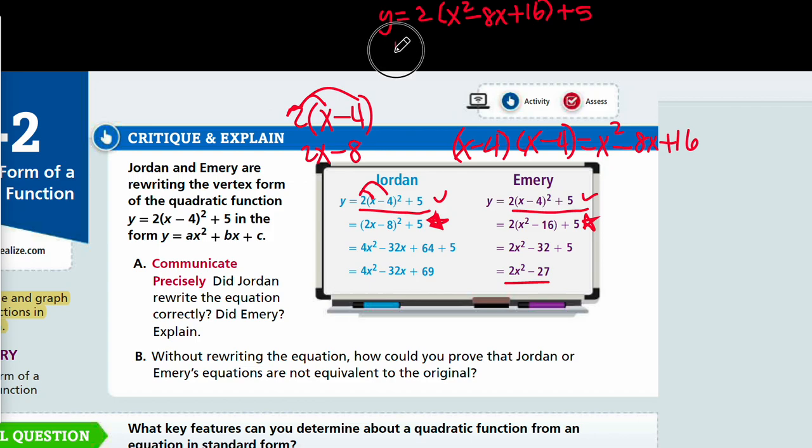And so y is equal to 2x squared minus 16x plus 32 plus 5, and then you can simplify that to y equals 2x squared minus 16x plus 37.